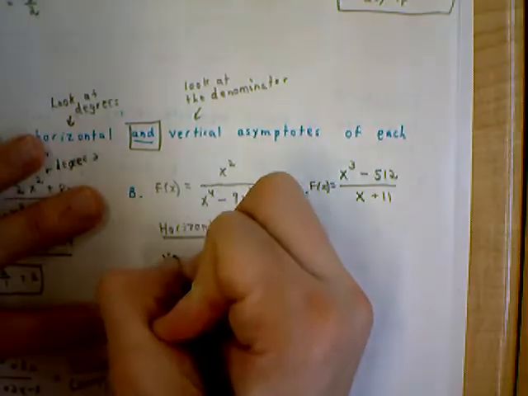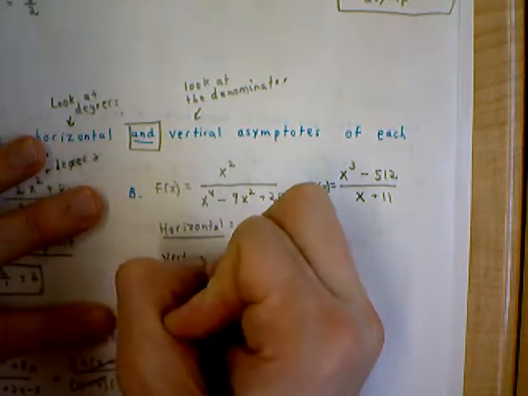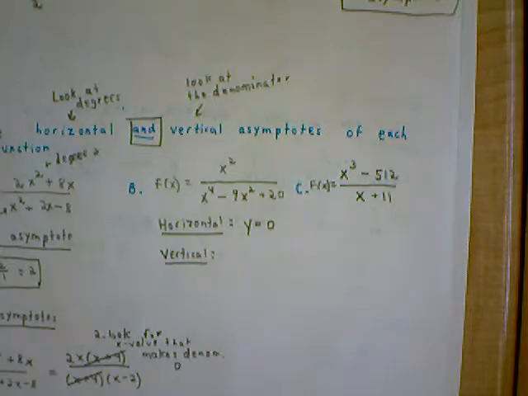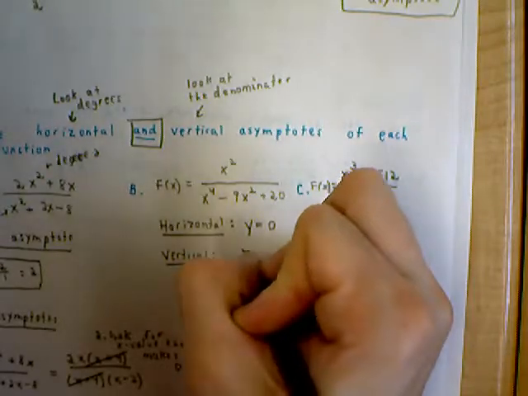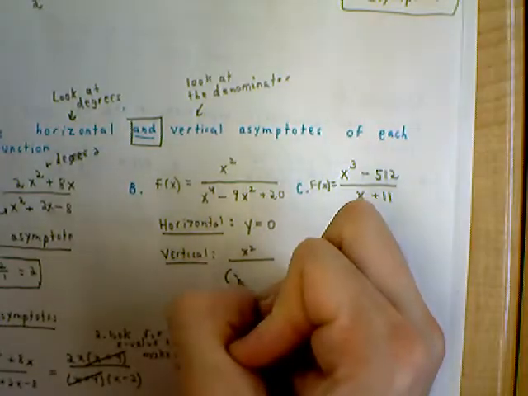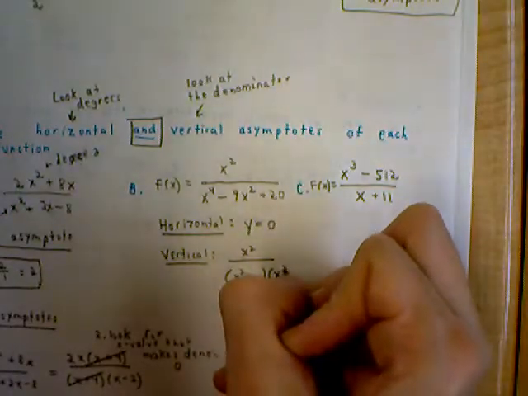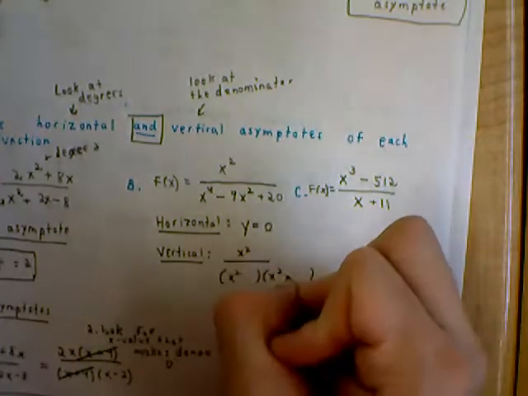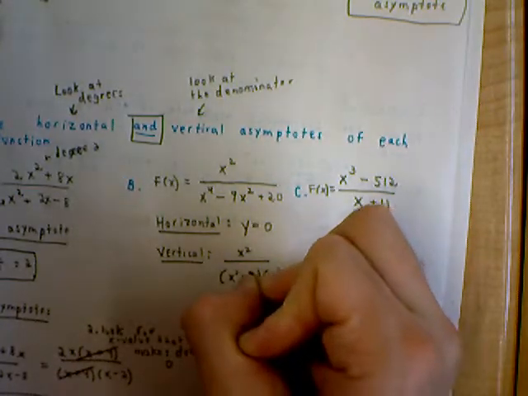For our vertical, let's factor the denominator. I see it's x to the 4th and x squared, so I'm going to put x squared. The factors of 20 that add up to negative 9 are negative 5, negative 4.